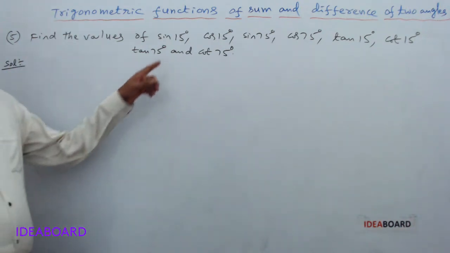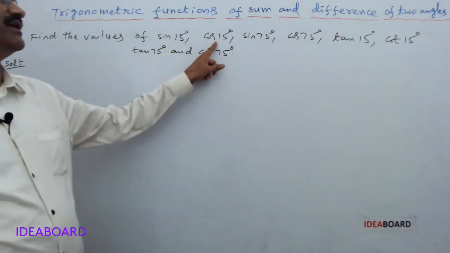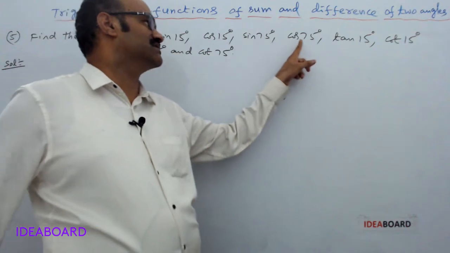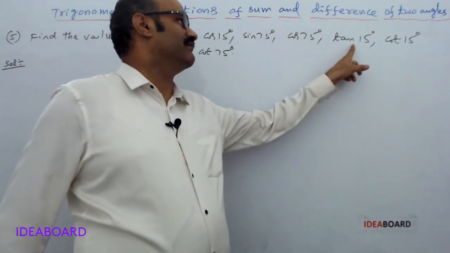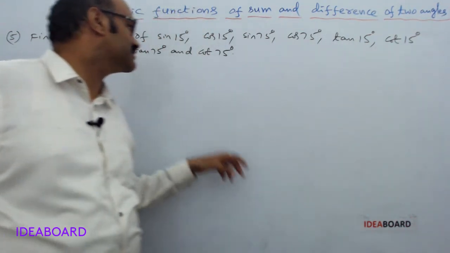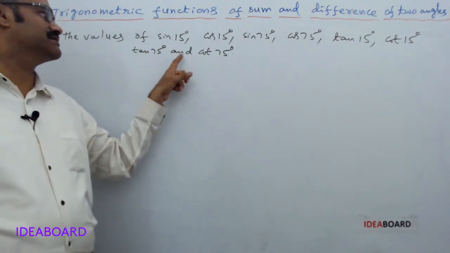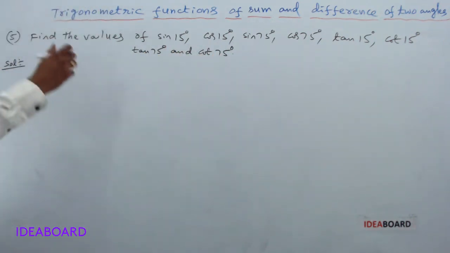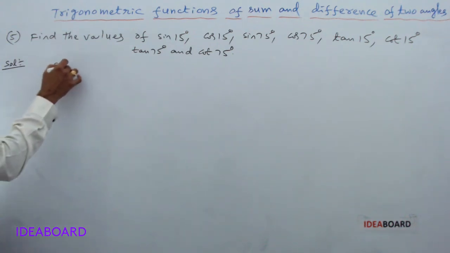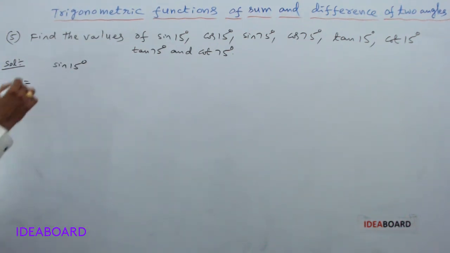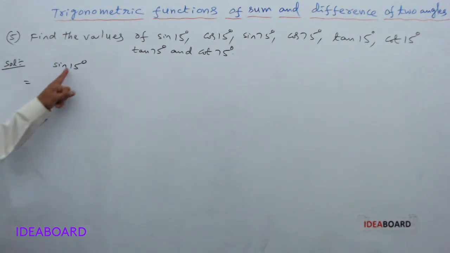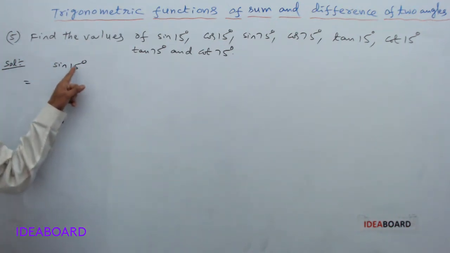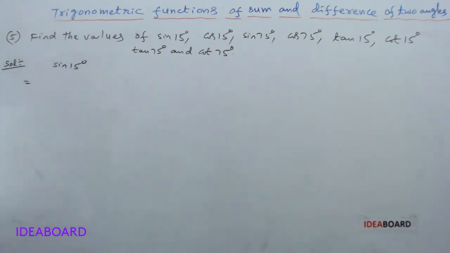Find the values of sin 15 degrees, cos 15 degrees, sin 75 degrees, cos 75 degrees, tan 15 degrees, cot 15 degrees, tan 75 degrees and cot 75 degrees. First we find the value of sin 15 degrees. 15 degrees can be taken as 45 minus 30.